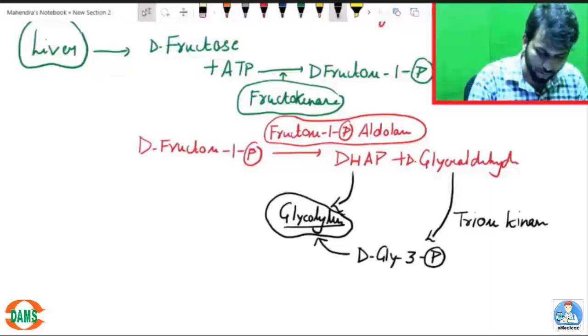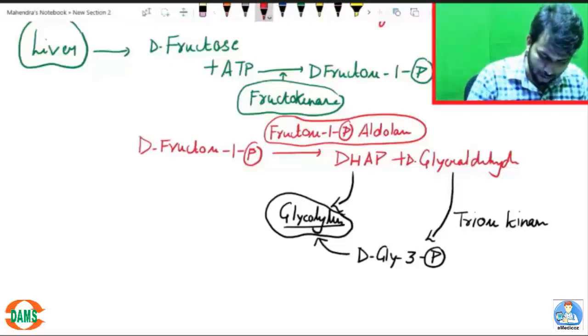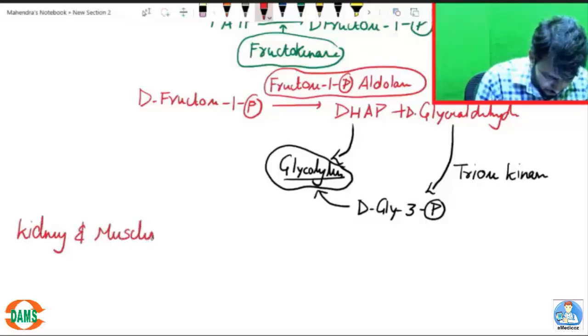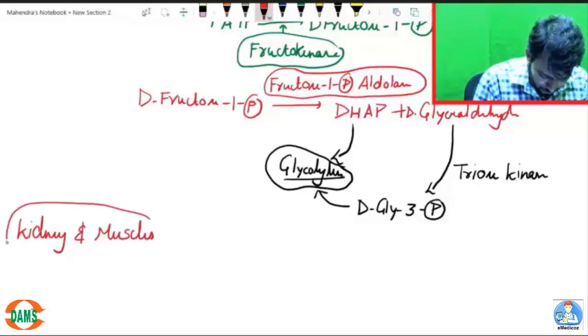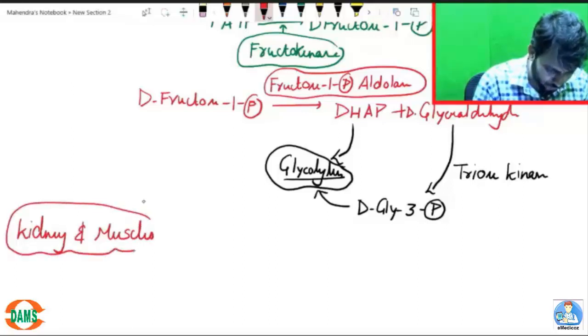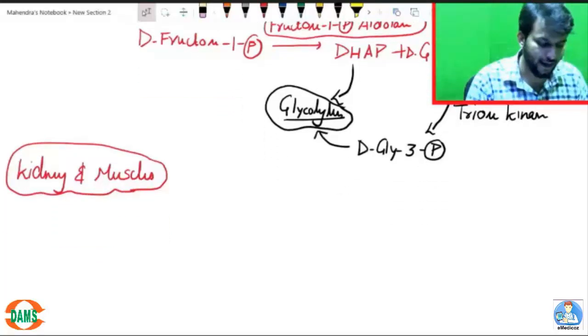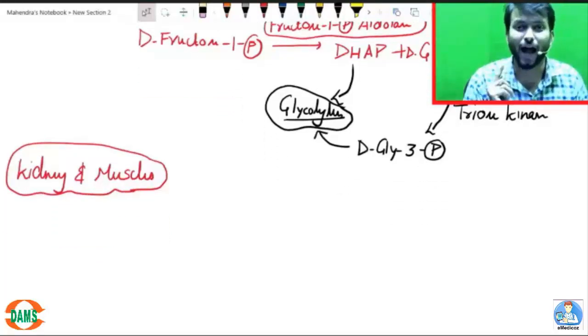In the kidney and in the muscles, fructose can be phosphorylated by hexokinase.